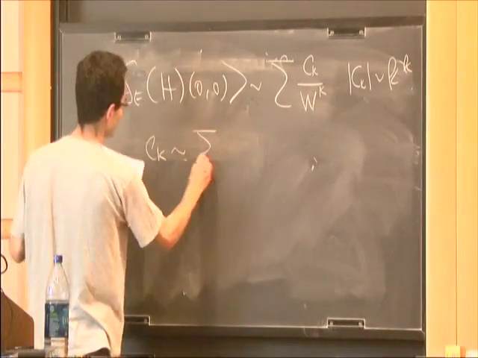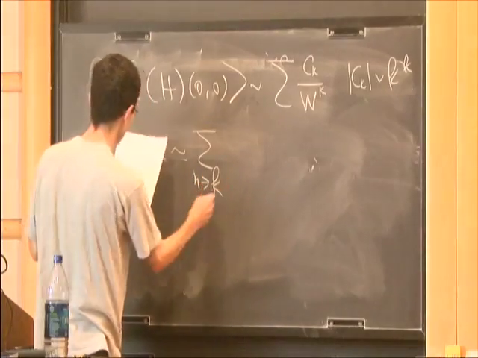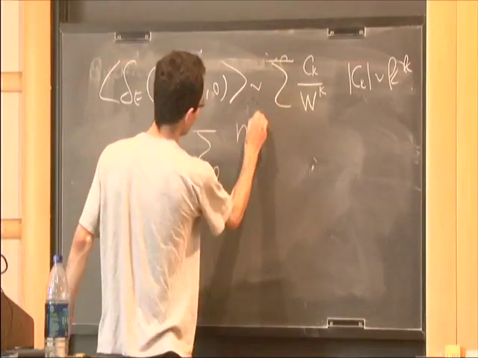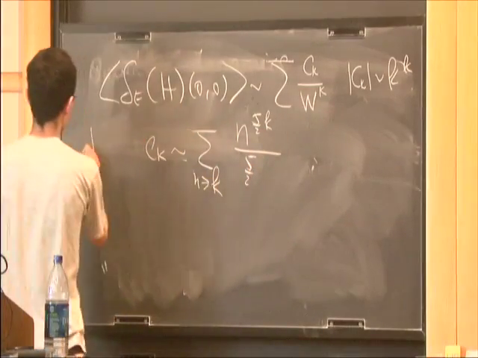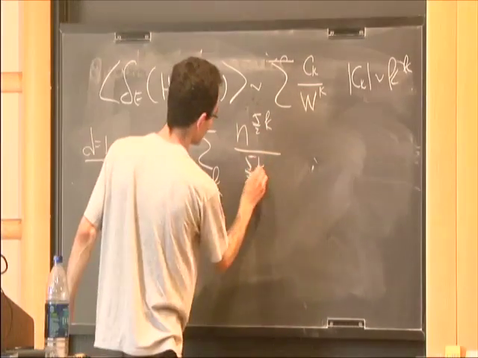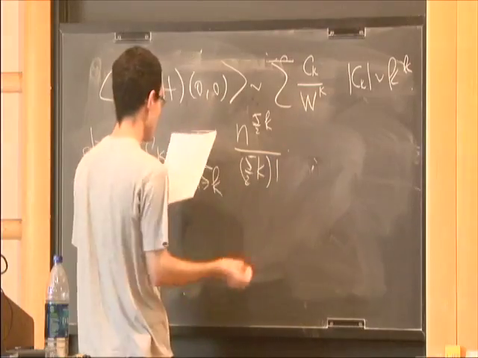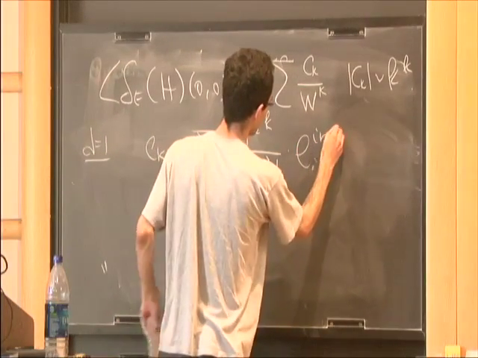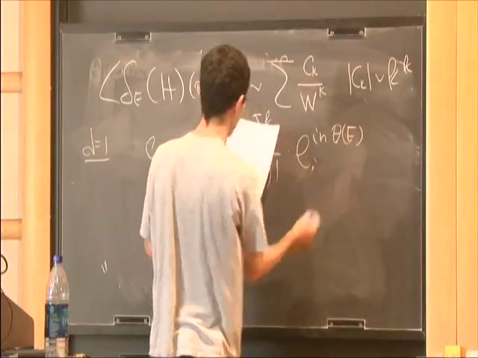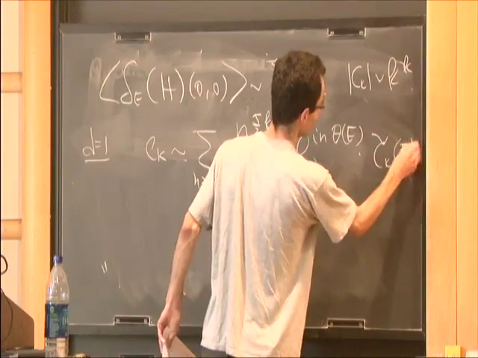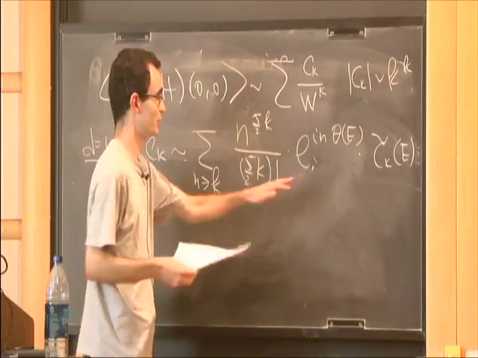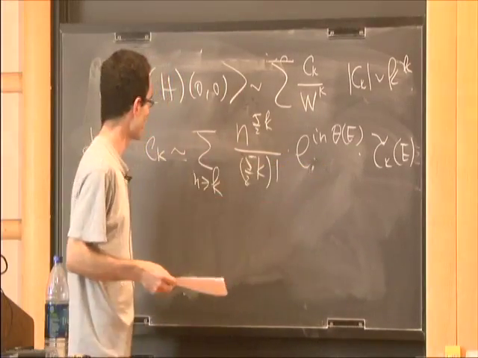They look like the sum over n greater or equal than k of n to the 5/2 k over (5/2 k)! times e to the power i n times some phase, which depends on the energy, and times something else which also depends on the energy.